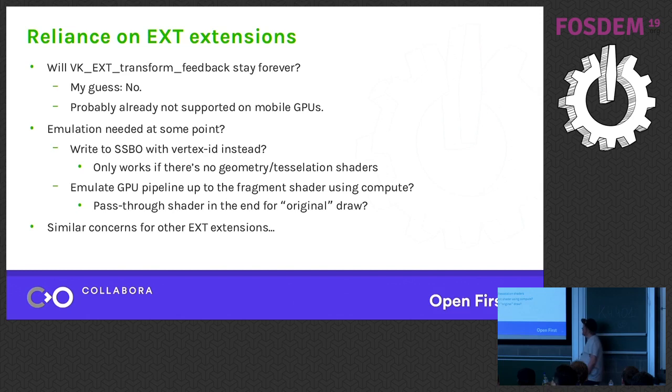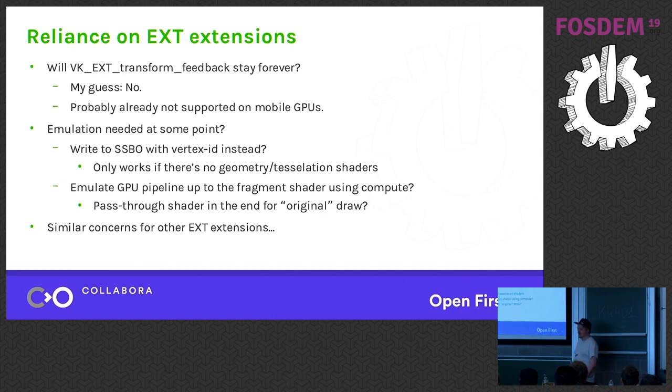One other issue is that we're depending on some OpenGL 3.0 features and stuff like that. We depend on some extensions, like VK_EXT_transform_feedback. I'm not so sure we can rely on that forever, and probably not at all on mobile. So we need to rethink some of these solutions. I can envision some of this stuff being done with a giant compute shader that you inline all of the different shader stages apart from the fragment shader into, and build some queues.